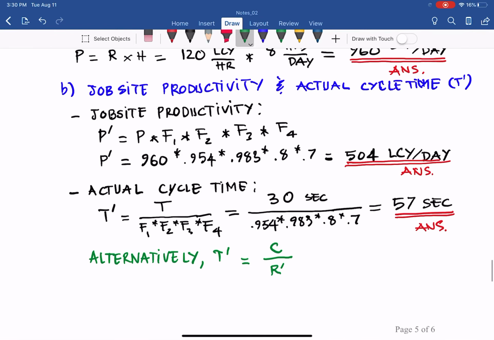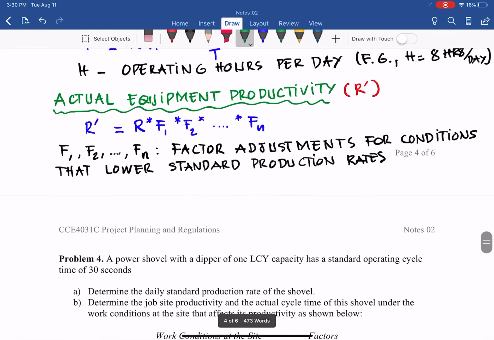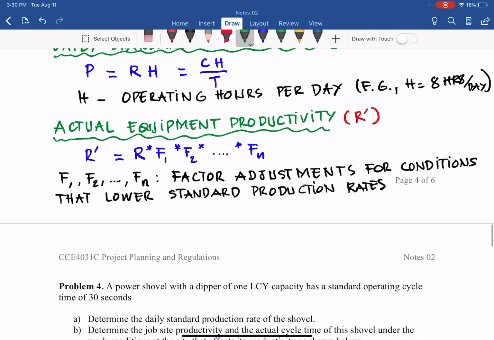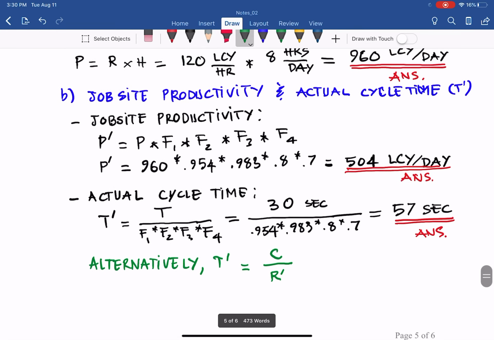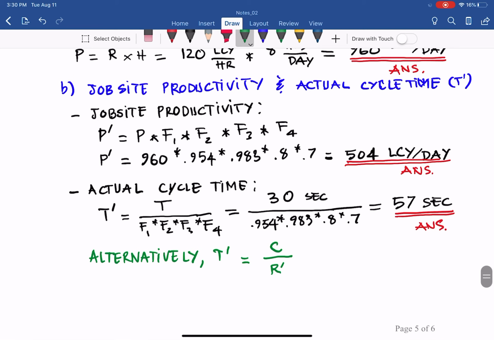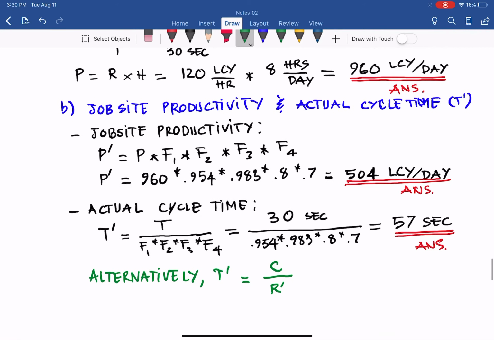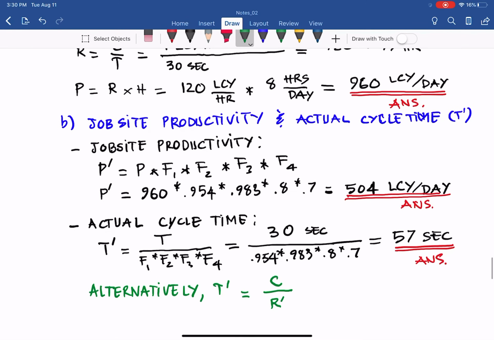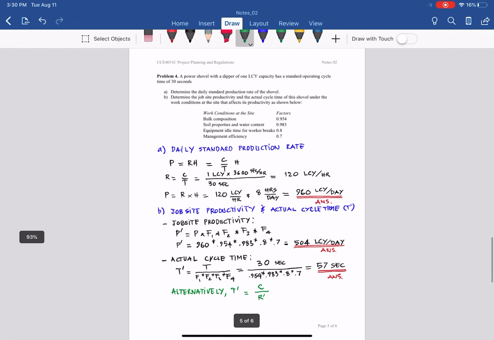So with the R apostrophe that you get from the equation here, and C, in this case 1 loose cubic yard, you can find T apostrophe. That is your task: you need to check whether you get 57 seconds. In the next one, we will do problem 5.